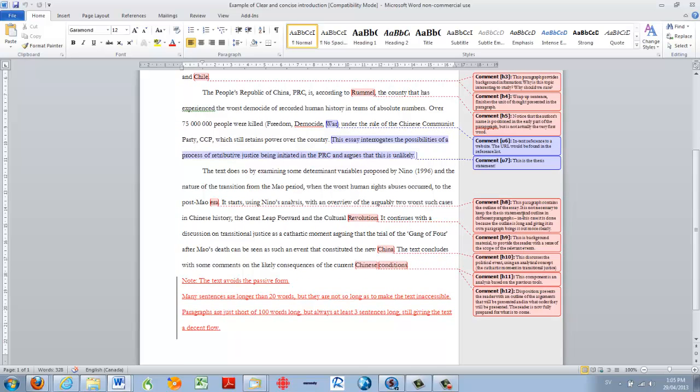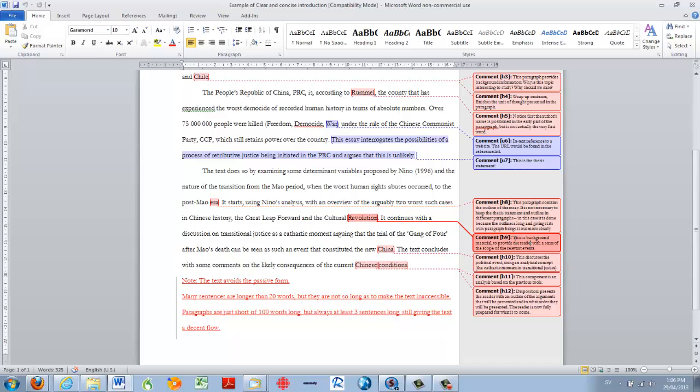And you can see my pointers here. This paragraph contains the outline for the essay. You don't have to keep the thesis statement and outline in different paragraphs. It can be done. It really depends on what's the good rhythm and flow for your particular writing.